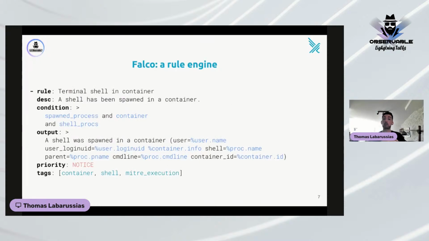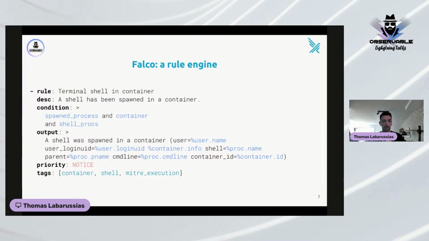Falco is basically a rule engine, so it collects these events from the kernel with the eBPF probe and compares all these events with some rules. This is an example of a real rule for Falco. So we have a name for the rule, Terminal shell in container, a description for us to understand the purpose of the rule, and a condition.